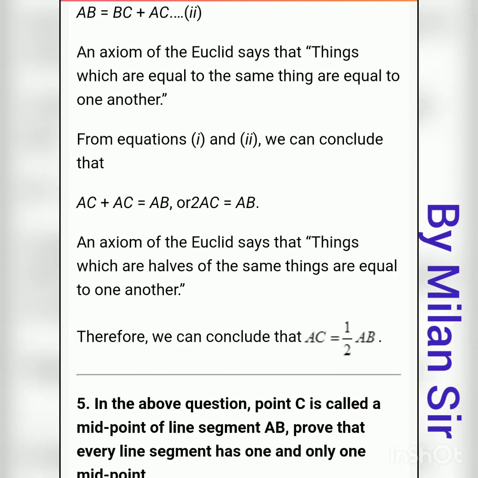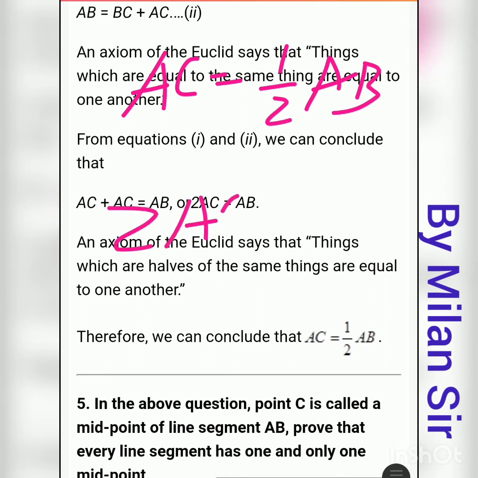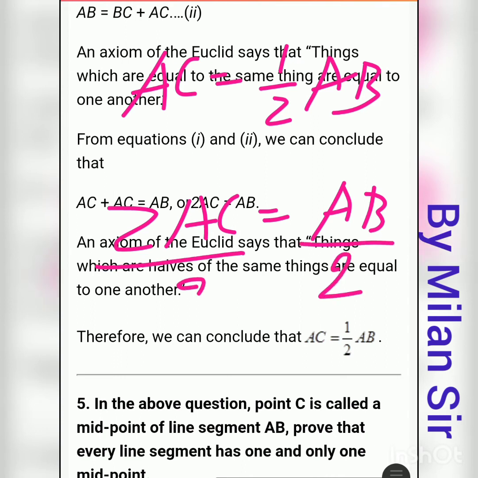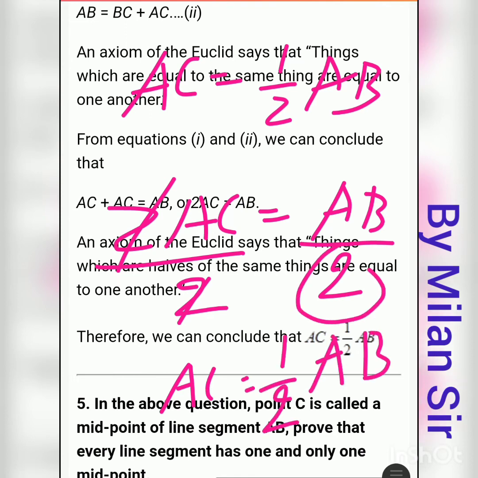But what we need to prove is AC is equal to half of AB, and here we have 2AC is equal to AB. So on both sides, we can divide by 2, because if we take half on both sides, then our answers are the same. So AC is equal to 1 by 2 AB.